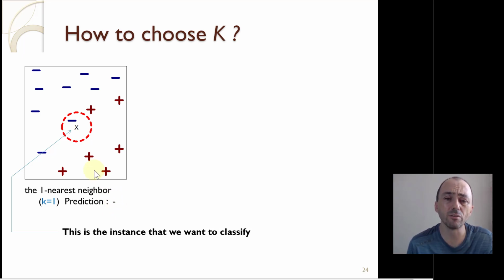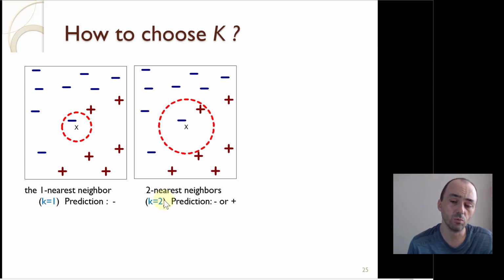Now, what about if we choose K equal 2? Then the 2 closest points beside X are minus and plus. So if we do the vote, we take the majority, we don't know which one to choose because there's 1 plus, 1 minus. So we can choose randomly minus or plus. This would be the prediction.